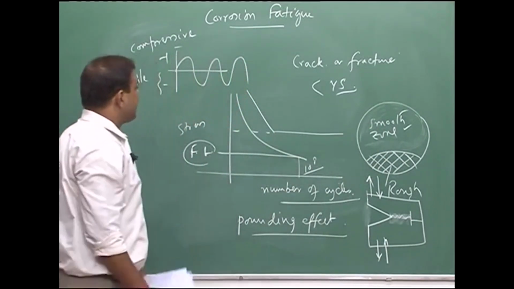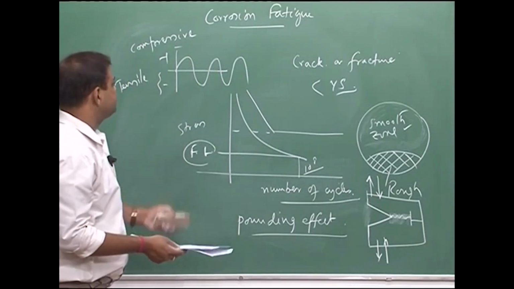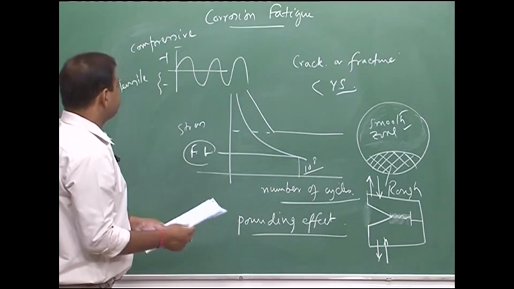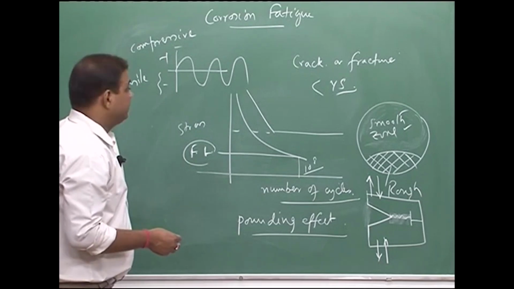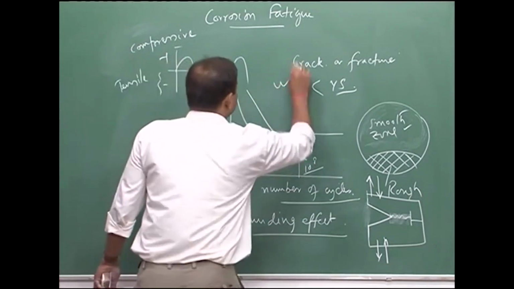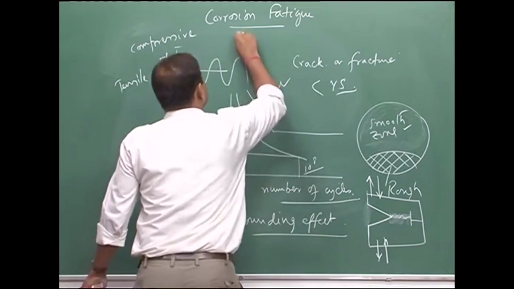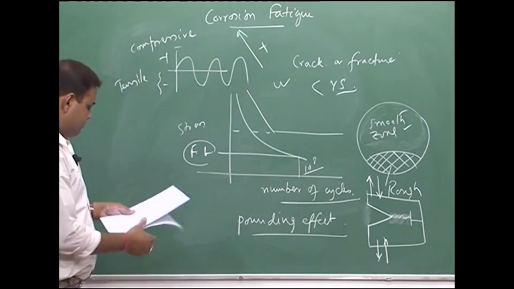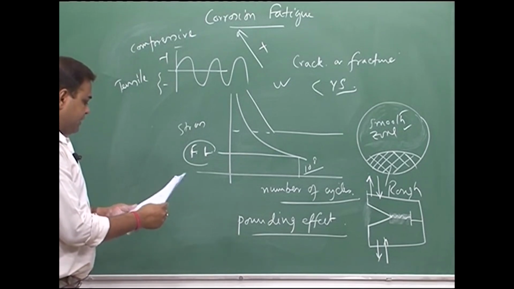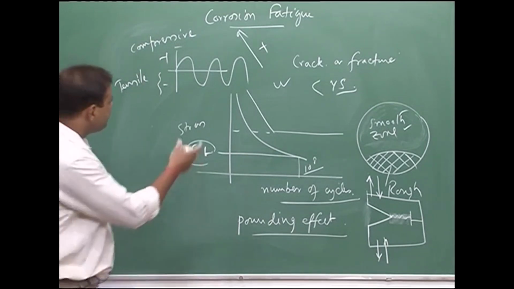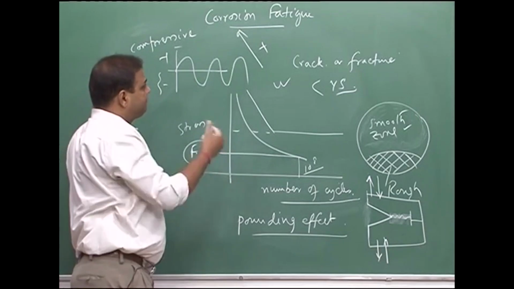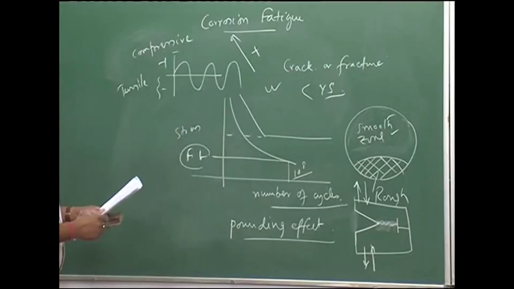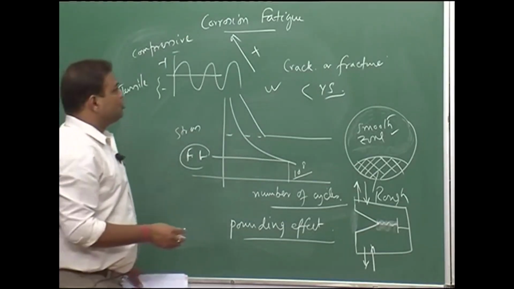Now, when we have corrosion in addition to this alternate stress, then the phenomenon is called corrosion fatigue. So, this mechanical fatigue failure plus corrosion, if we add, that time you have corrosion fatigue. The definition is basically that when you have this corrosion effect, the fatigue resistance of the material would reduce.